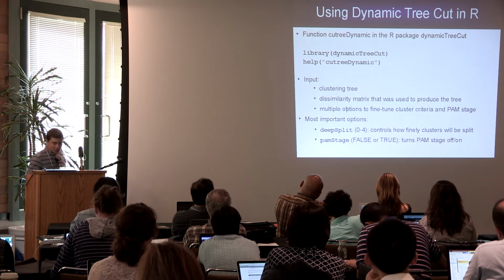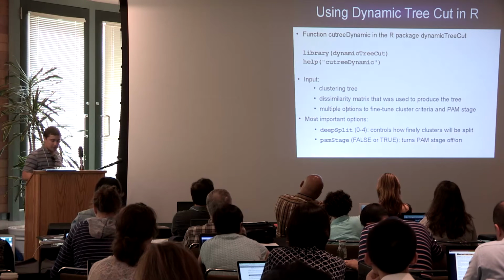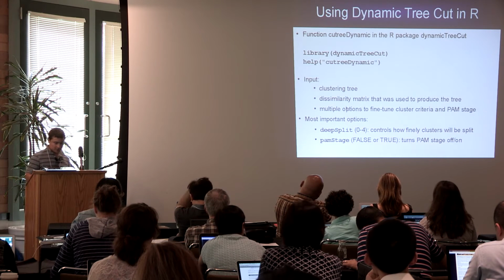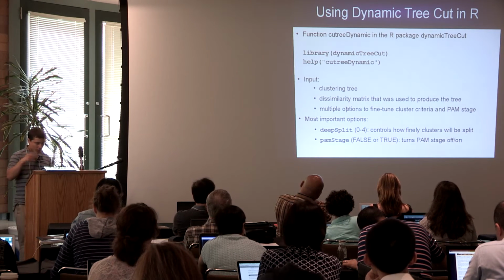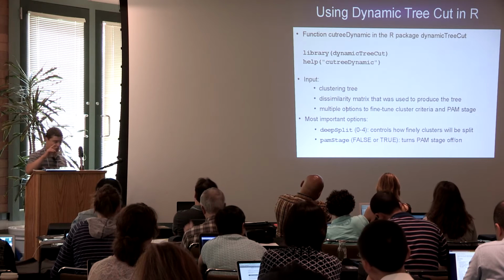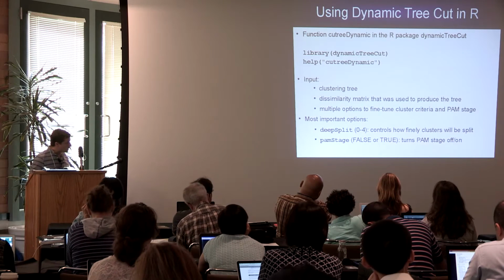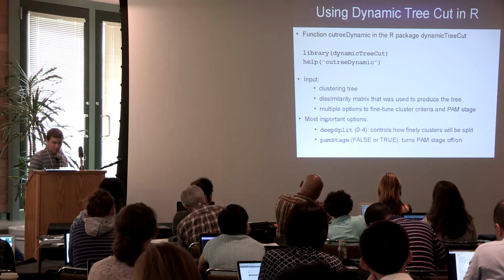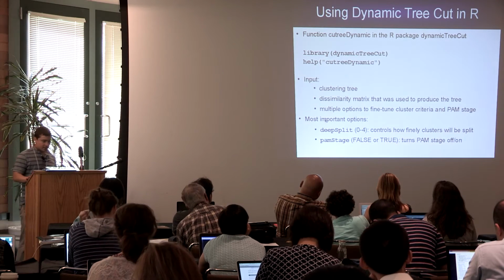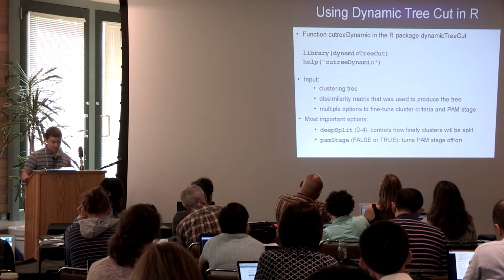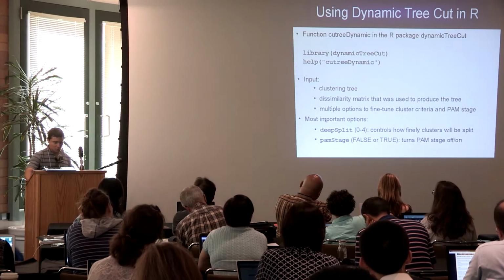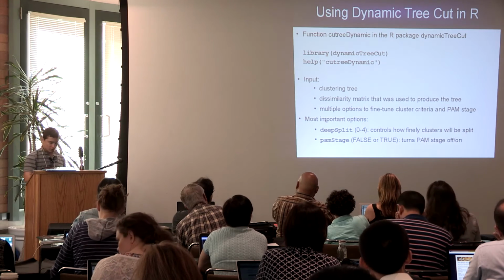And there are multiple options that fine-tune the behavior, the criteria for whether two branches are called separate or not, and options for the PAM stage. Now, when I say there's a multitude of options, there really is a multitude of options, but there are two most important ones that I want you to know about.